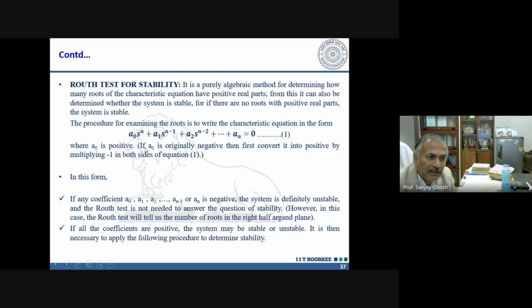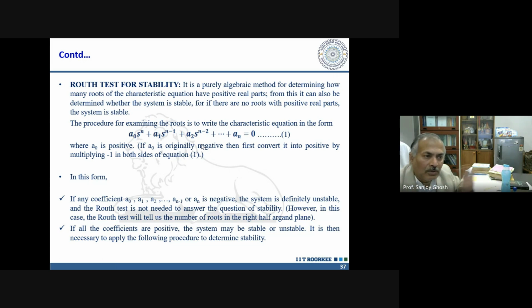Now look, just 2-3 minutes and I'm finishing. If you see that A0, A1 and so on are all positive. If the first value is negative, then you multiply by -1 and then you get positive. If you see A0, A1, A2, up to An all positive, then the system is stable. Understand that. You need not do anything more.